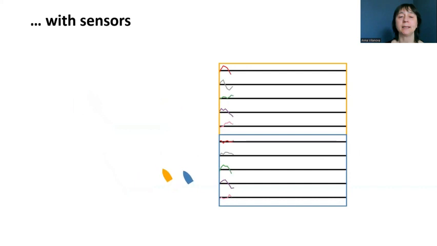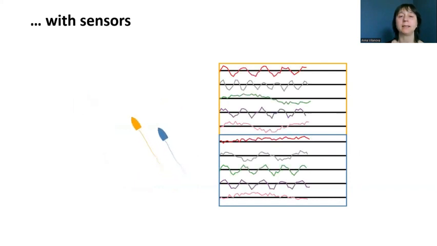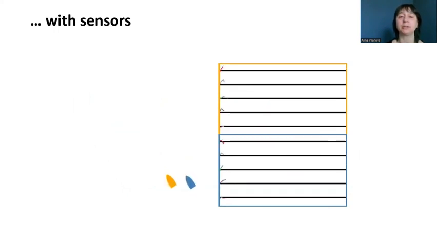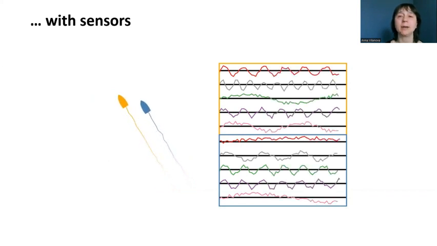So these sensors are set, and what you get is information like the one I'm showing here: multiple variables that change through time, represented in these line graphs.